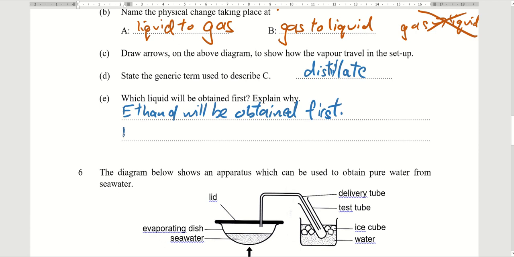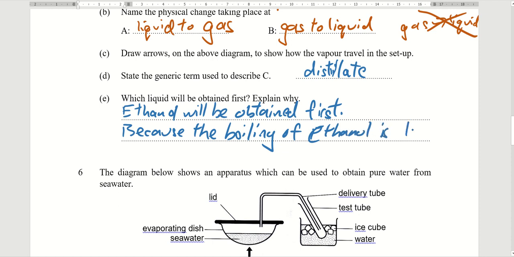This is because the boiling point of ethanol is lower than water. So please take note of which one will actually come out first, which one will be the distillate first.